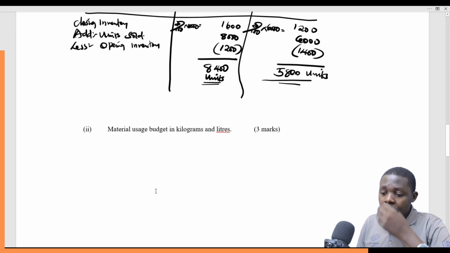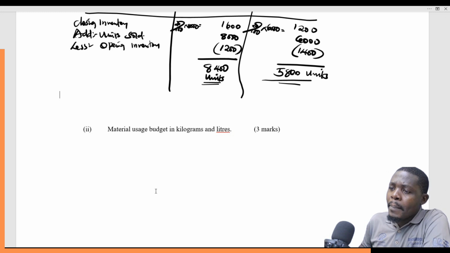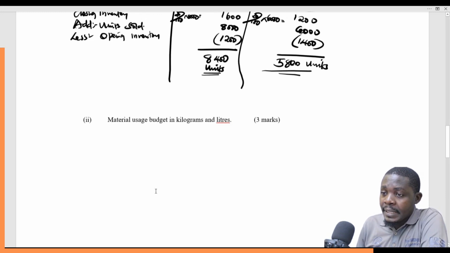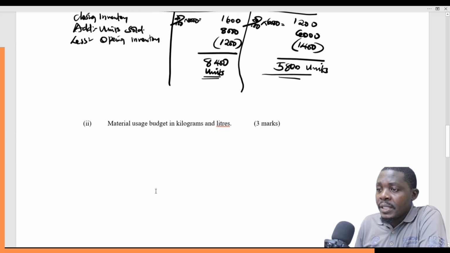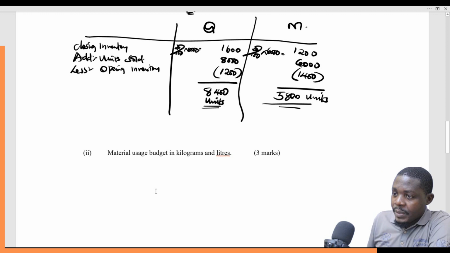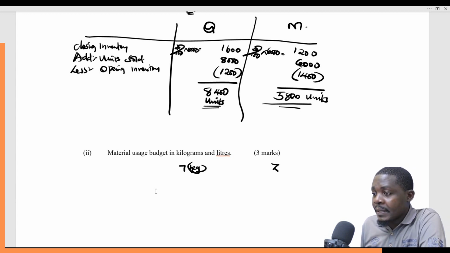Roman number 2, the material usage budget in kilograms and liters. We are going to have material T in kilograms and then set in liters.